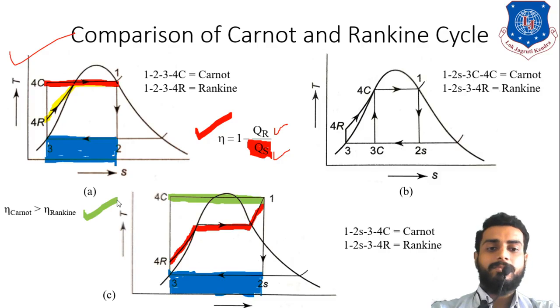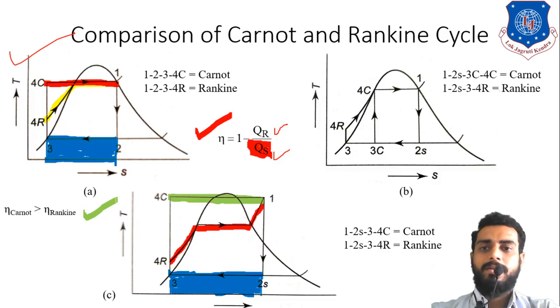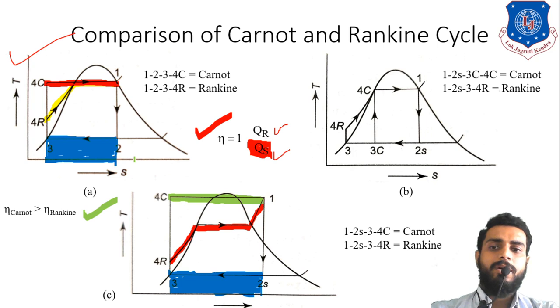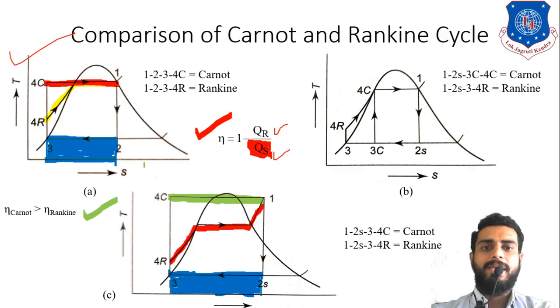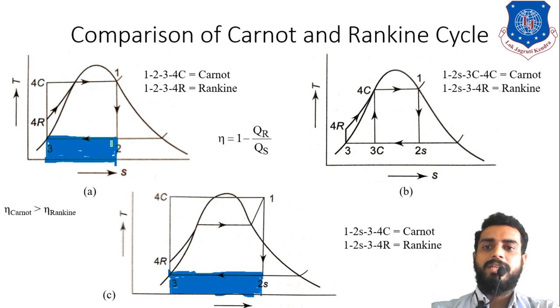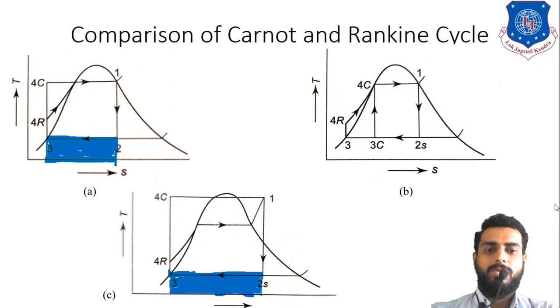Now let's move forward to the next comparison. Now observe diagrams A and B. Let me clear this for you. The thing that is occurring is that for diagrams A and B, it is assumed that this line is parallel to this line.